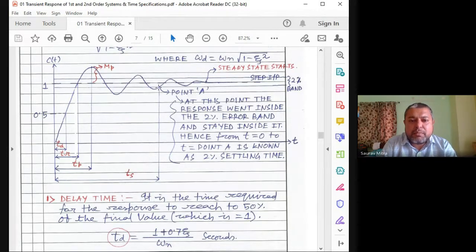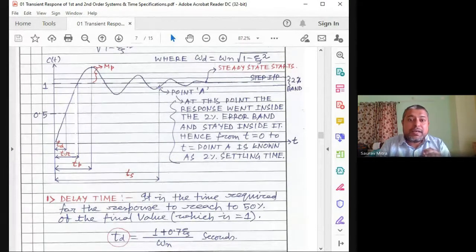Here the value was 0.95, then it is going up. If it had exceeded 1.05 and gone out, I could not have taken this point. So here the waveform is entering the 5% error band. That means the response is entering the 0.95 to 1.05 band. This is called the 5% error band.